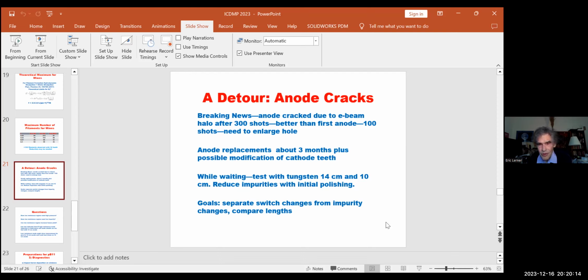Now, we moved from tungsten to beryllium because tungsten has heavy Z impurities. But we figured that during a short run, we can reduce the impurities by initially polishing the tungsten electrodes, getting them very smooth. We observed that the impurities increased fairly rapidly as we ran with tungsten back in 2016.